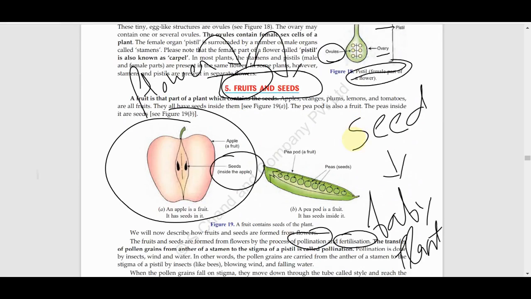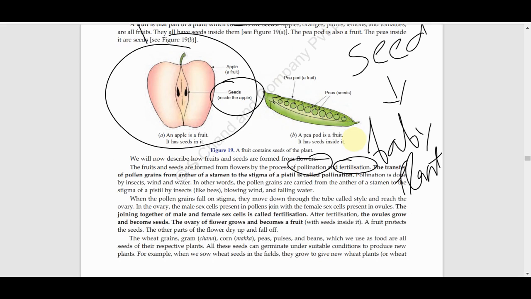When these yellow grains fall or are transferred onto the stigma of the pistil, this process is known as pollination. And how do they fall? There are some factors, like insects, wind and water.